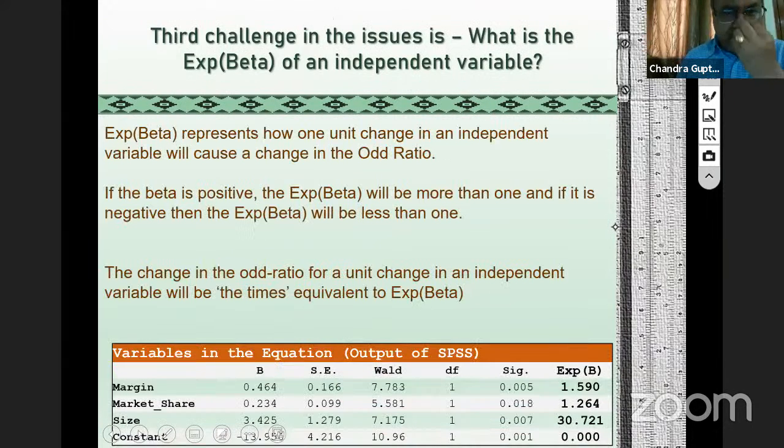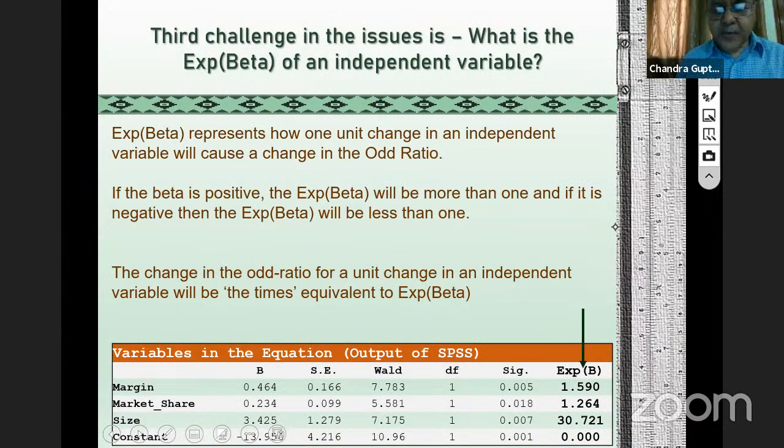Third, we have what is called exponential values of the beta. Okay? So that means e raised to the power beta. And this exponent value of the beta represents how one unit change in an independent variable will cause a change in the odd ratio.